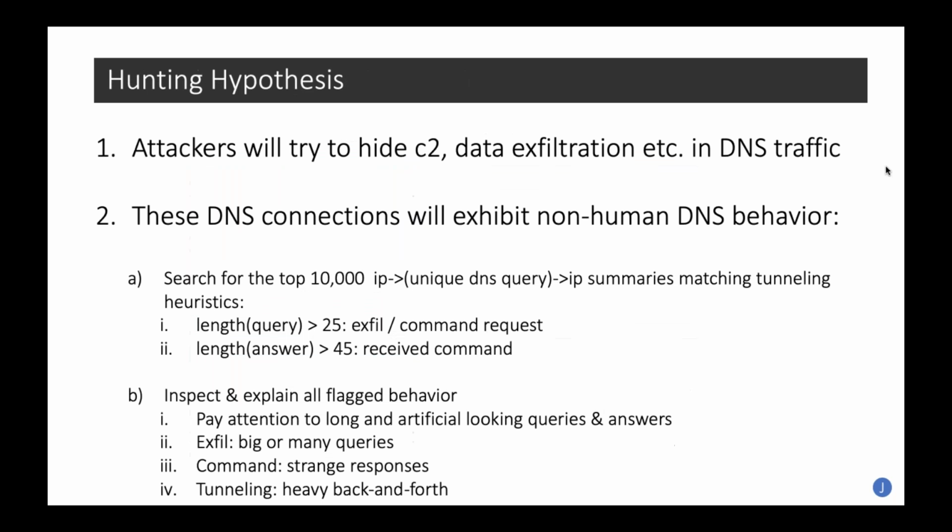So again, back to this hypothesis, how are we going to take this potentially overwhelming amount of data and zero in on something that can give us some insight into our environment? So number one, we're going to assume that attackers are potentially abusing DNS traffic in our VPC environment.